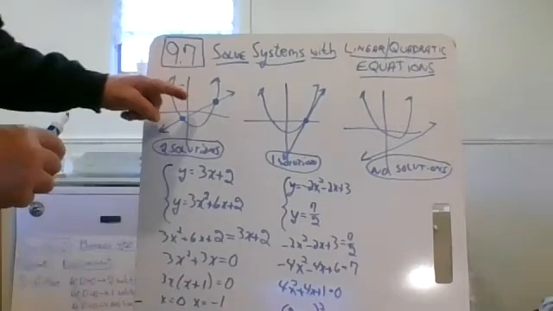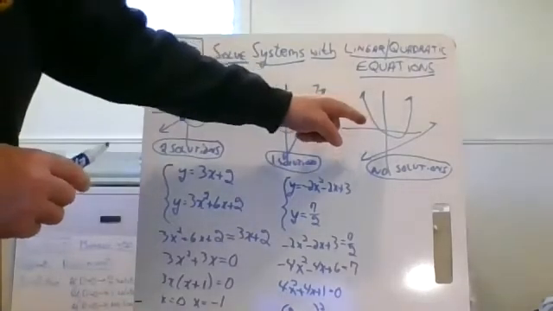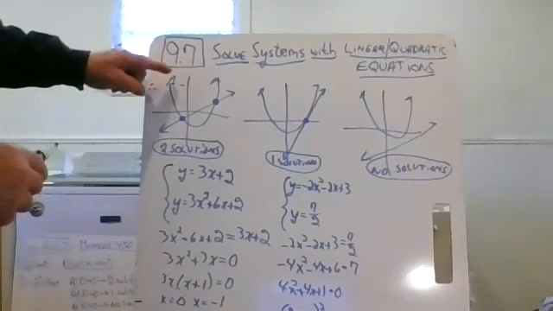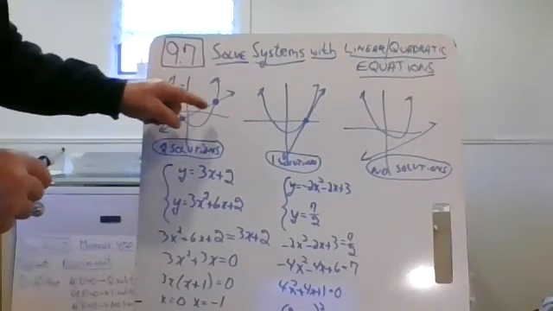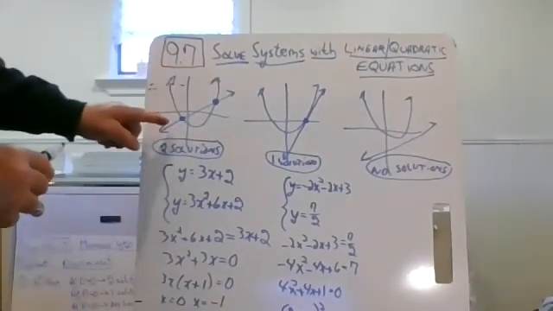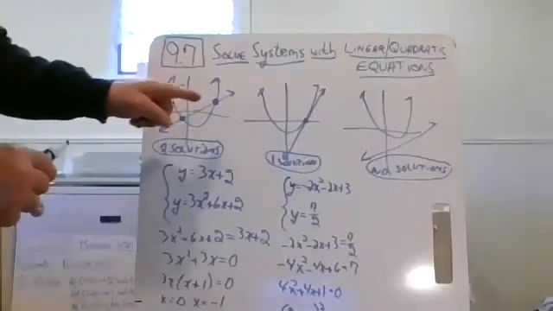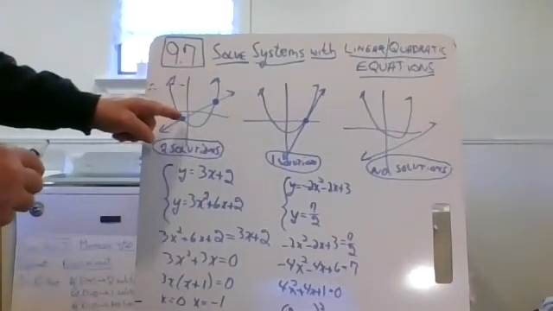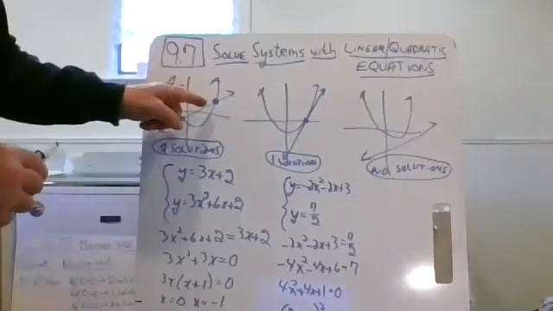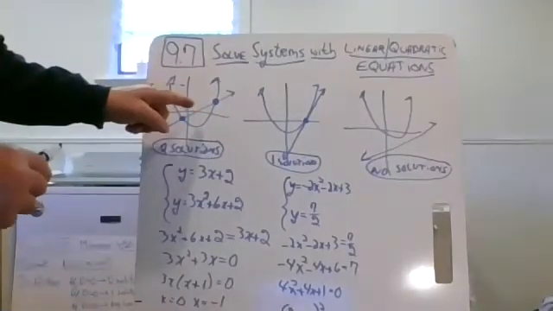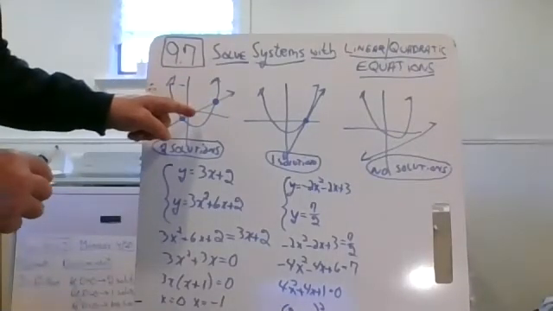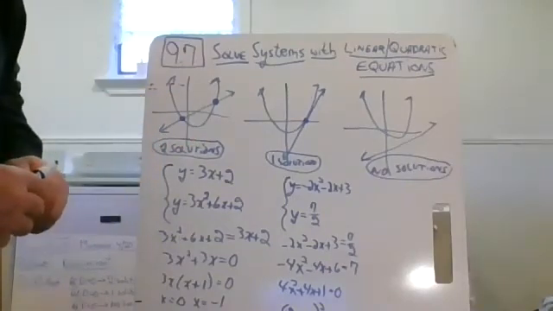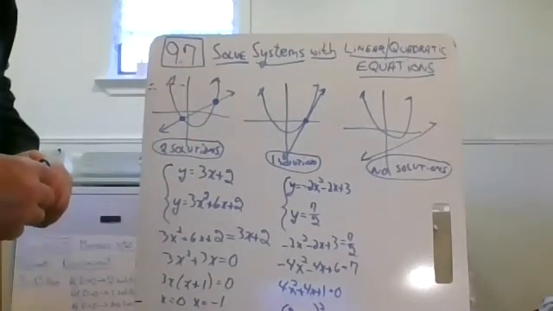And so here's three possibilities you're going to have. In this first case, the quadratic is this parabola, the linear is this line, and we can see that that line is hitting that parabola in 2 points. So that linear quadratic system would have 2 solutions if that's the situation.